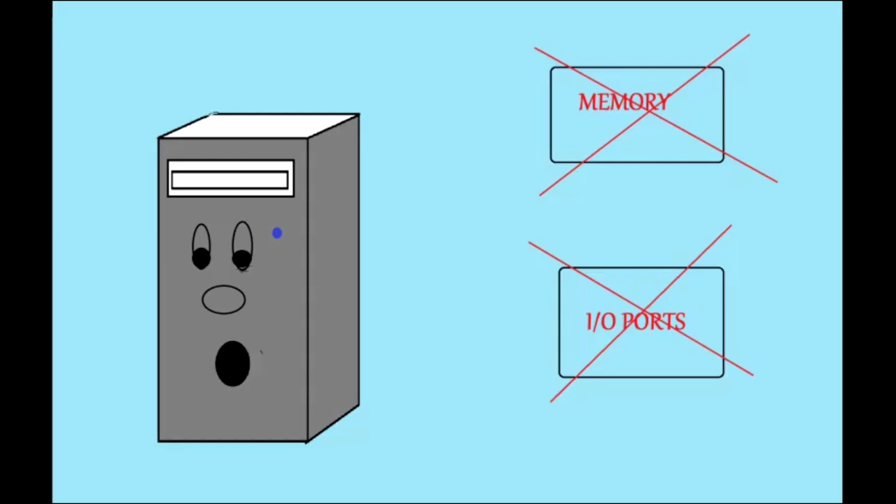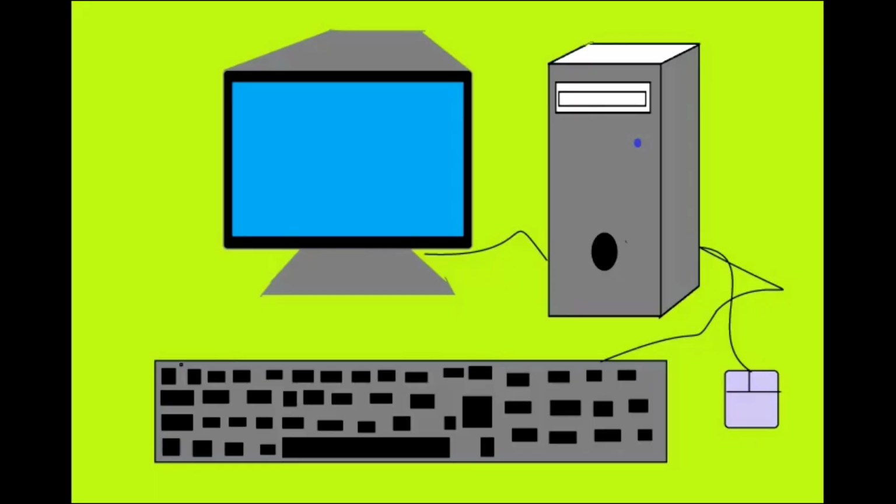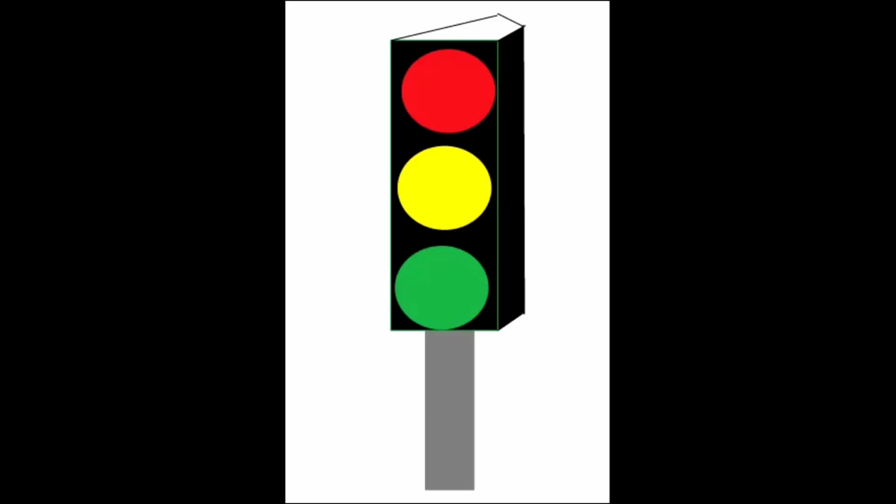Let's take an example. The best example of a microprocessor is our personal computer or laptop. Next, our traffic light, which shows red, yellow and green signals after some gap, needs a processor to control that signal.